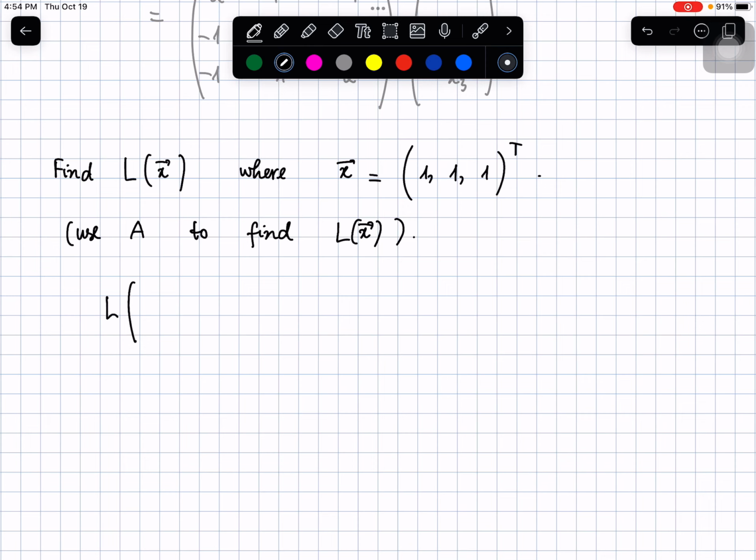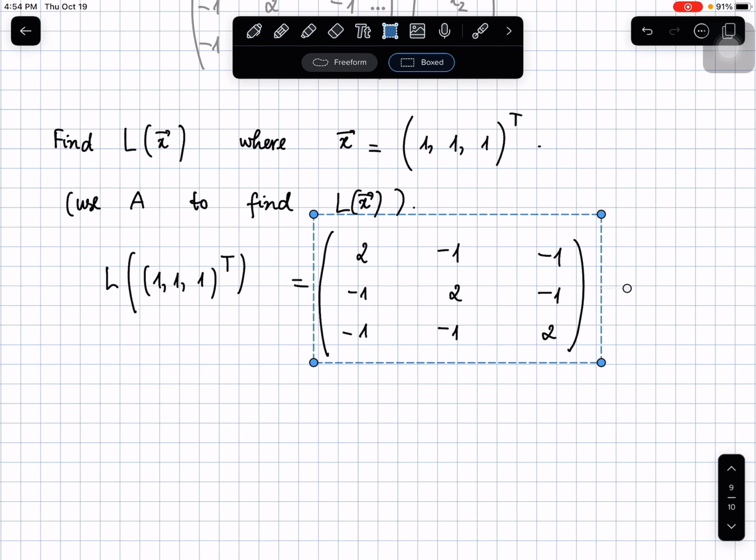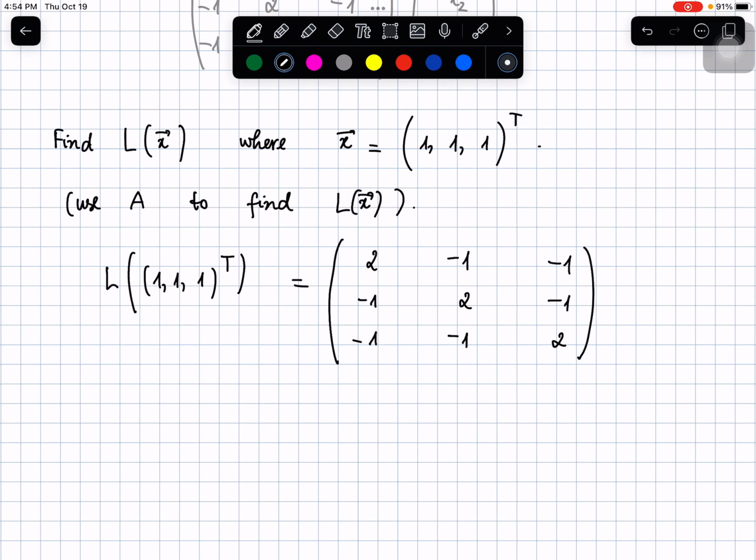So F of (1, 1, 1) transpose is this matrix times (1, 1, 1).